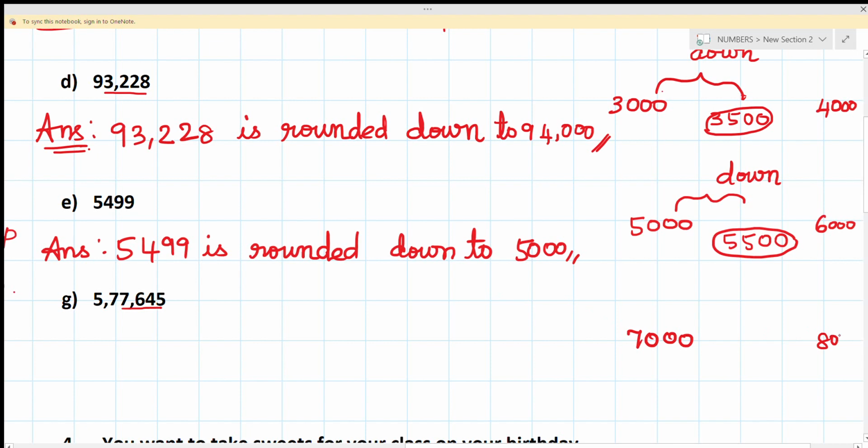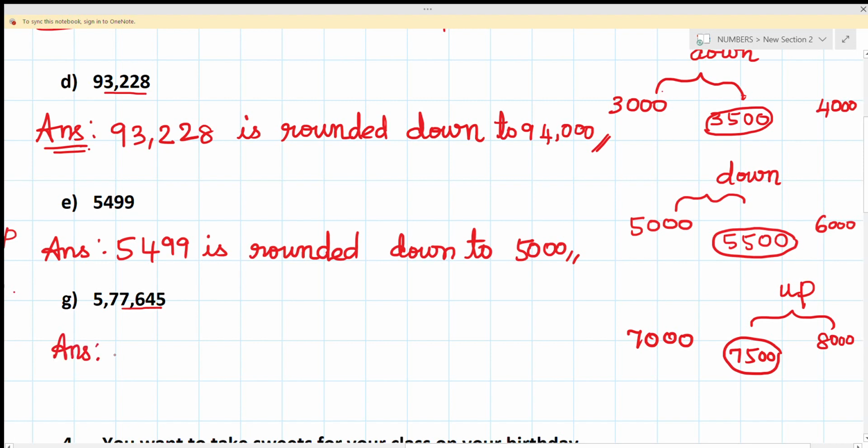These are the nearest multiples of the given number, and the mid number is 7500. And check whether the number lies before the mid number or after the mid number. 7645, it lies after the mid number. So we are going to round up to the nearest 1000.